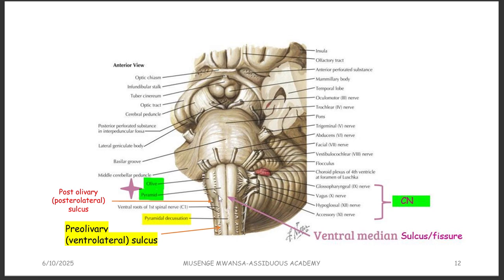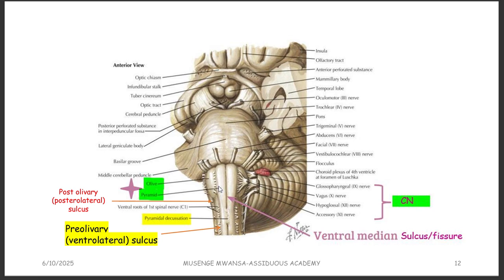And then the depressions. In the middle, separating the two pyramids, you have the ventromedian sulcus or fissure. The ventro, which just means front, median fissure, separating the two pyramids. And then separating the pyramid from the olive, you have this fissure here. What is the name?